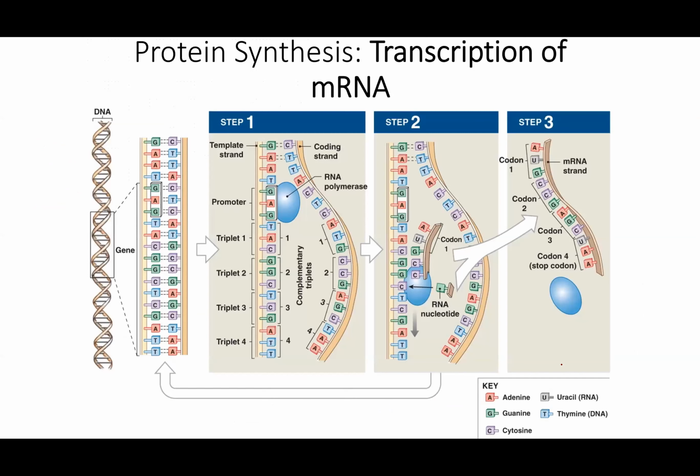So this is kind of what it looks like in the transcription process, and this is in the DNA, in the nucleus. You have your RNA polymerase right here, which finds the promoter sequence. Remember, the promoter sequence basically says start here.